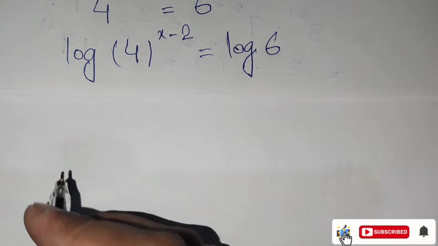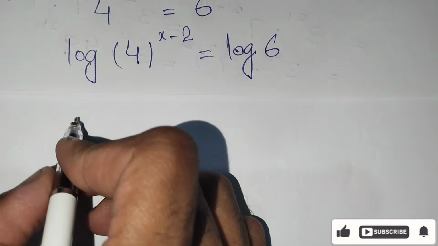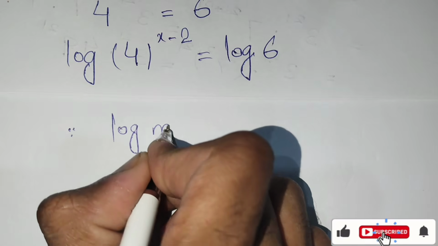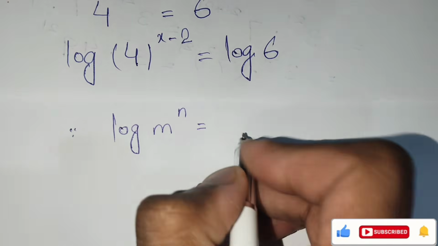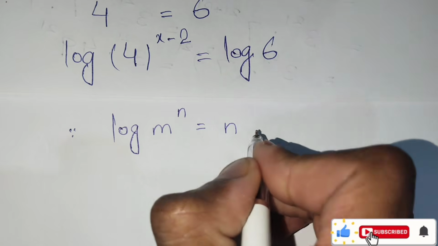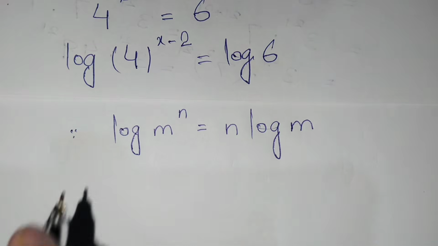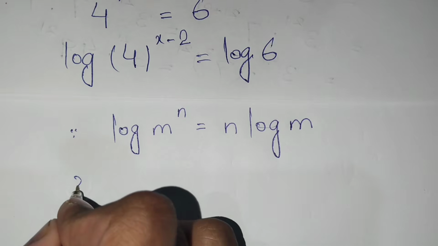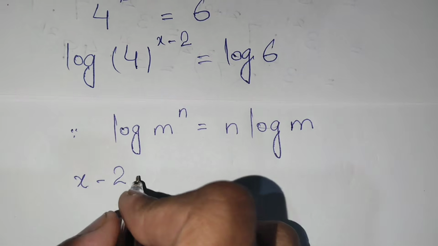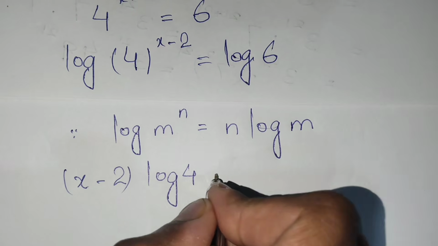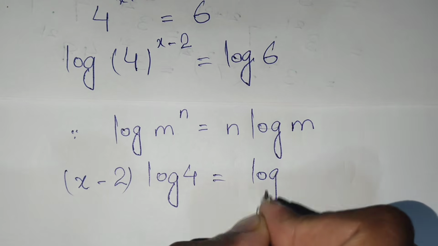We will use the power rule, that is log of m raised to the power n is always equals to n times log of m. So it will be x minus 2 log of 4 is equal to log of 6.